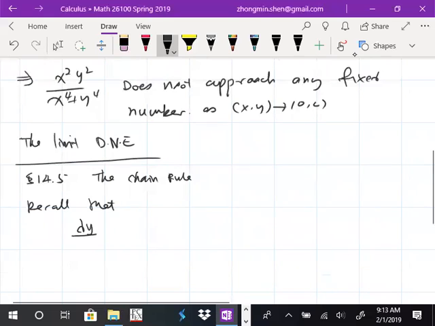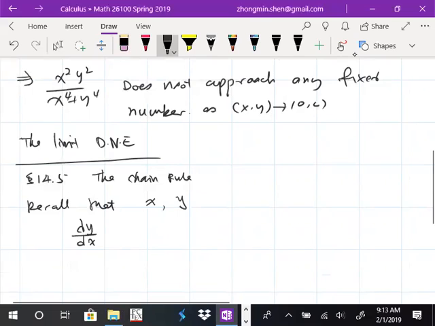You try to differentiate y with respect to x. You want to find the derivative of y with respect to x. That's called the rate of change in y with respect to x, assuming y depends on x.